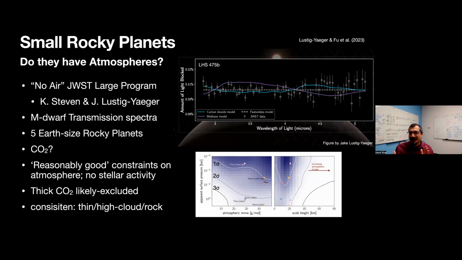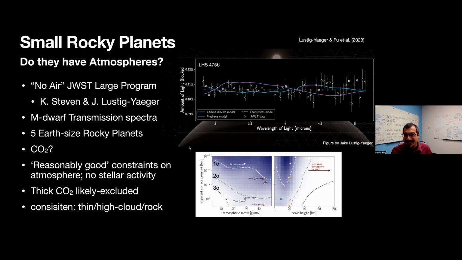Of course, we're in a completely different regime than the very high signal to noise CO2 features that we saw. Here's a model for this terrestrial planet of a CO2 only atmosphere. And here's a methane model as well. And what we get is the spectrum is pretty flat.